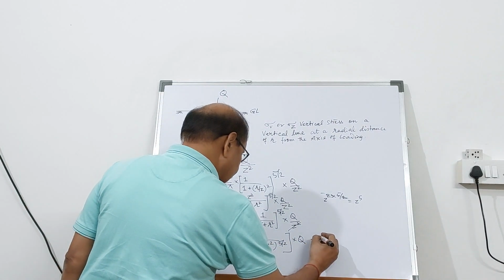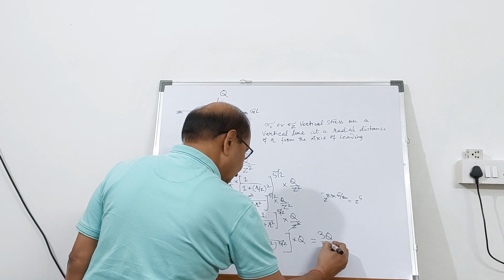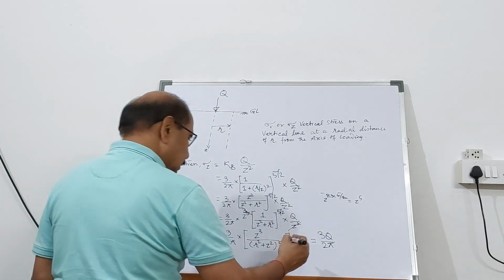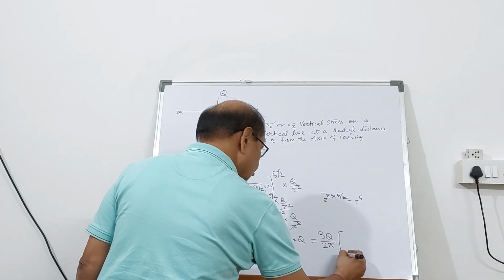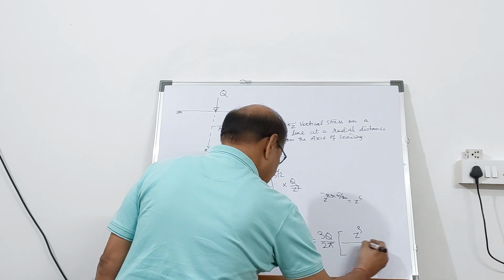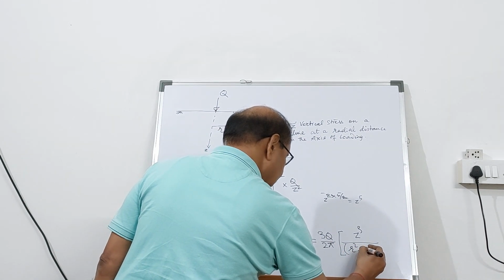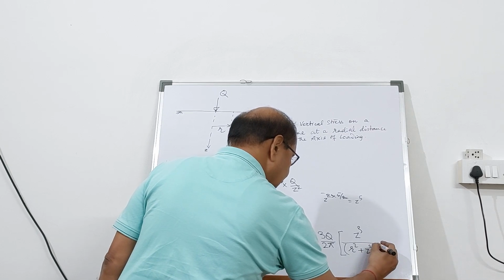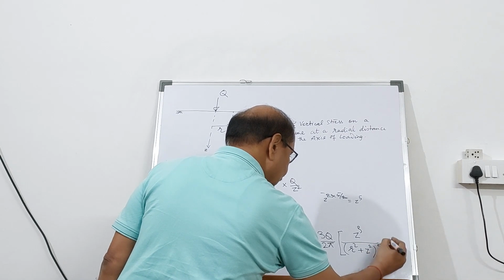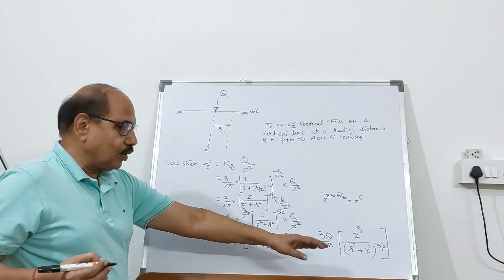This is finally equal to 3Q by 2 pi into z cube divided by r square plus z square raised to power 5 by 2. In this form we have got it.